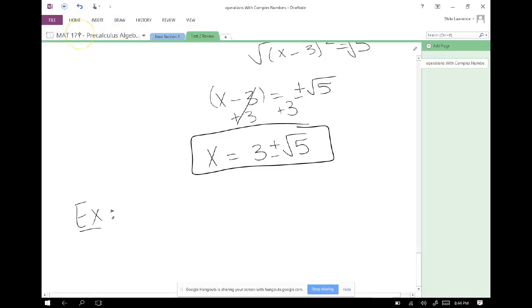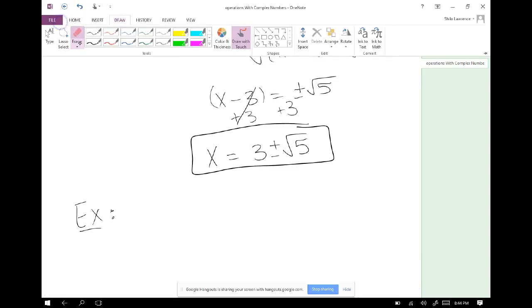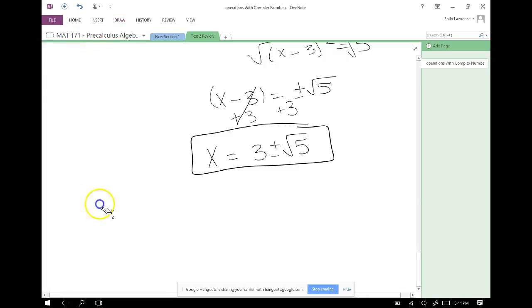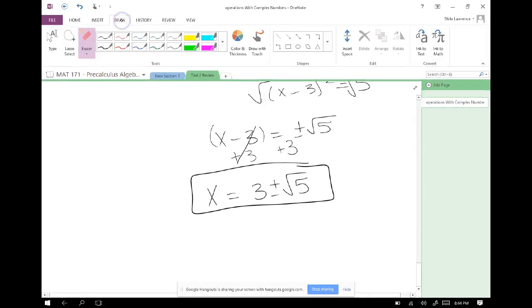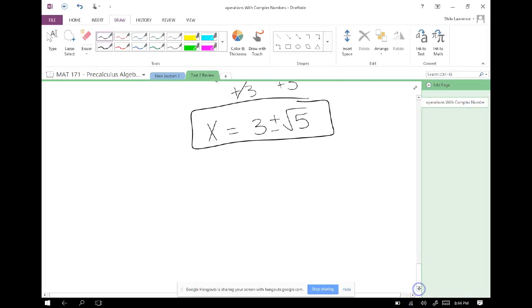The third method, I do not suggest you use on the test at all, because it takes a long time. And since we already have 3 other methods that you could possibly use, you really don't need this method.